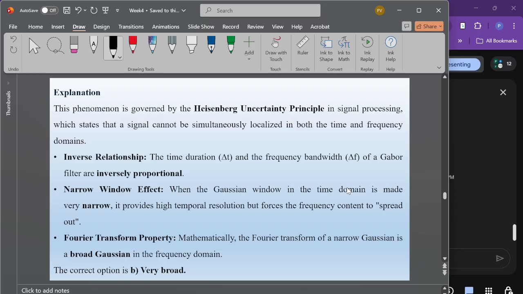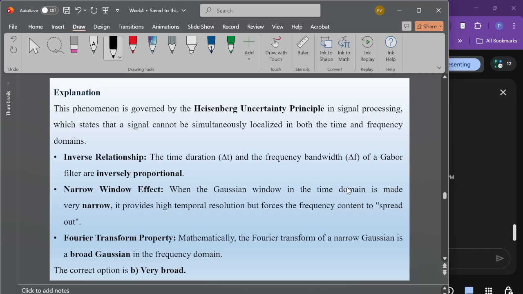This phenomenon is governed by the Heisenberg uncertainty principle in signal processing, which states that a signal cannot be simultaneously localized in both the time and frequency domains. So there is an inverse relation between time and frequency. The time duration delta t and the frequency bandwidth delta f of a Gabor filter are inversely proportional.